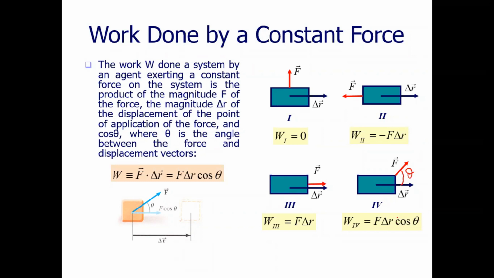So already you can see that the maximum work is in scenario number 3, because theta is equal to 0. There, all the force is actually going into doing work.